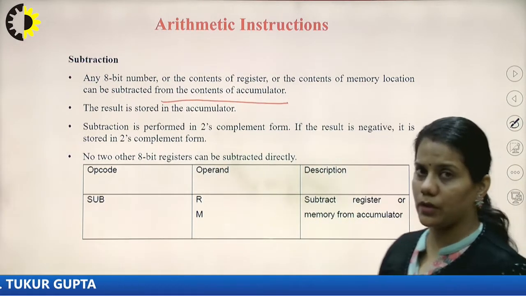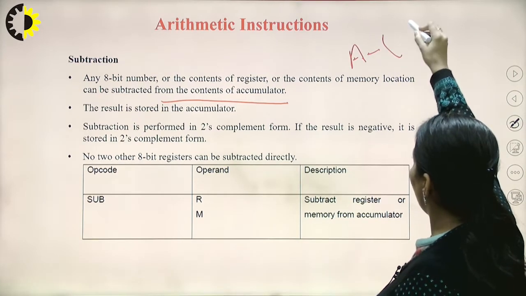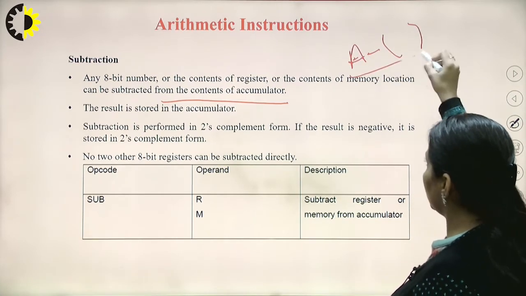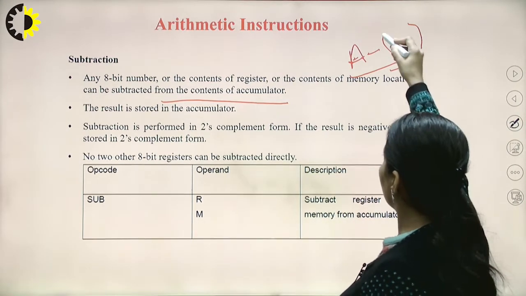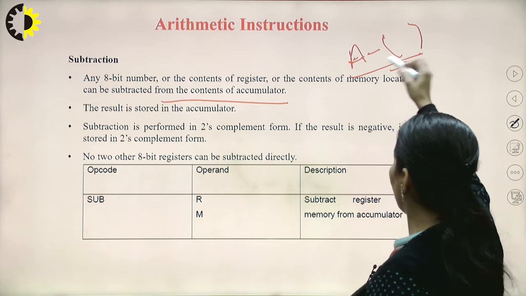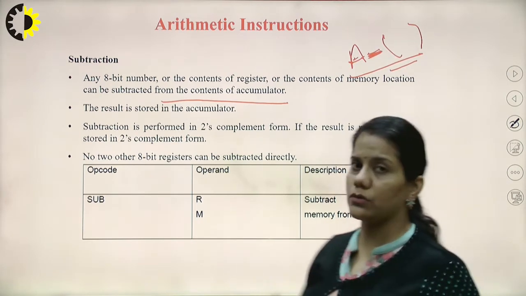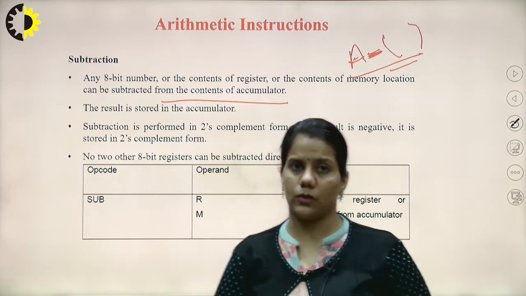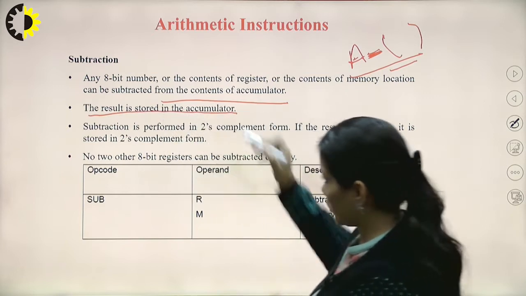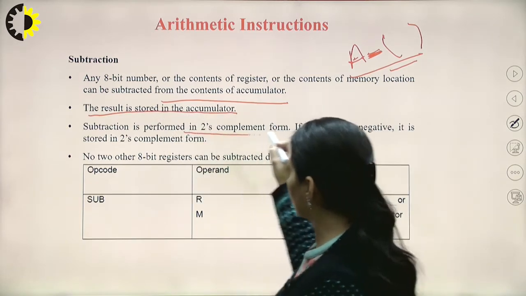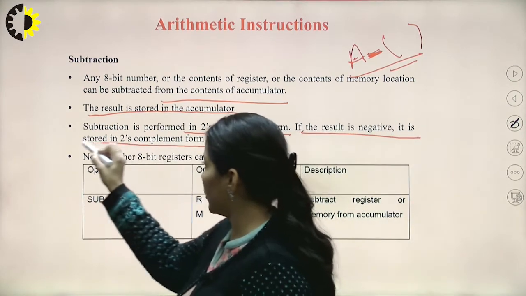We have to keep in mind that the contents mentioned in the operand are subtracted from the accumulator. Don't perform the opposite operation: the contents of accumulator are not subtracted from the given operand, but the operand value is subtracted from the contents of accumulator. The result is stored in the accumulator. Subtraction is performed in 2's complement form. If the result is negative, it is stored in 2's complement form.